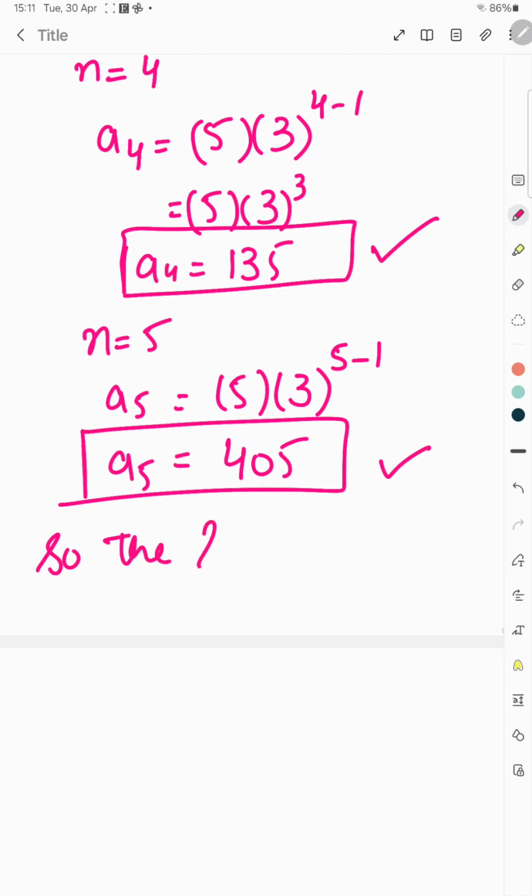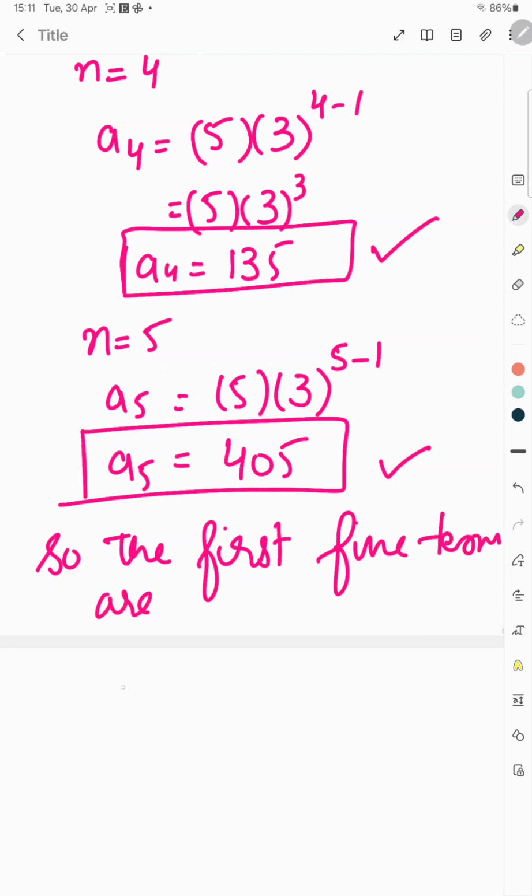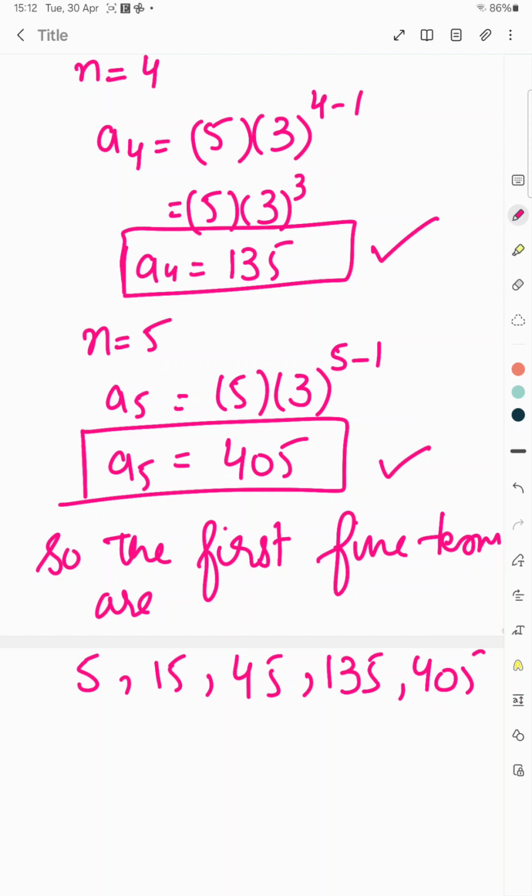So the first 5 terms are 5, 15, 45, 135 and 405. Okay student, I hope the concept of finding the nth terms or any terms they ask to find has become clear to you.